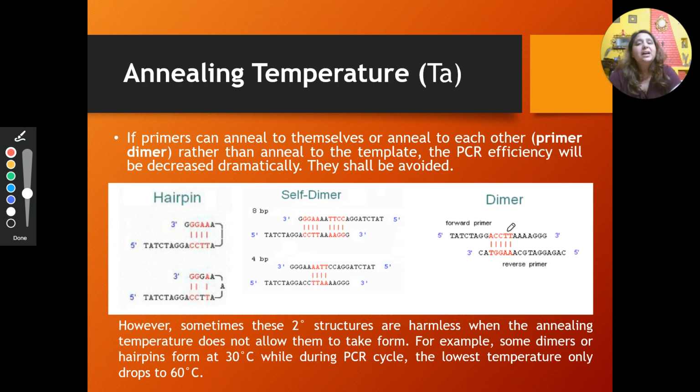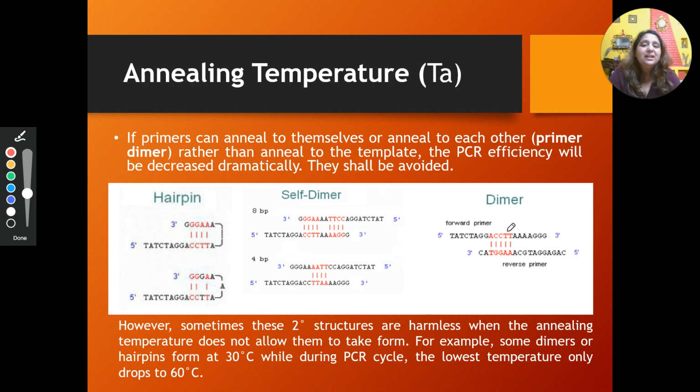But whenever the PCR reaction takes place, the very first step is denaturation, which involves the heating of the DNA to 95 degrees Celsius. So at that temperature, the hairpin loops, the self dimers, and the dimers of forward and reverse primers, they get broken up. And as a result, the lowest temperature during the PCR reaction, if we assume it to be the ideal annealing temperature, let us say 60 degrees Celsius or 56 degrees Celsius, the temperature will never go below that.